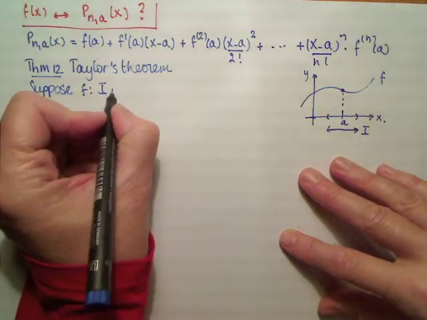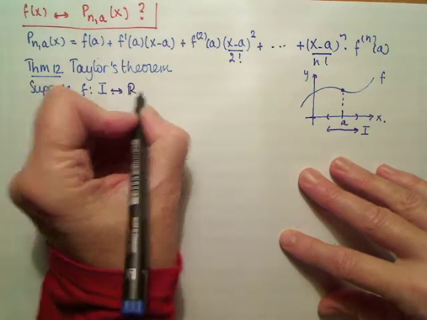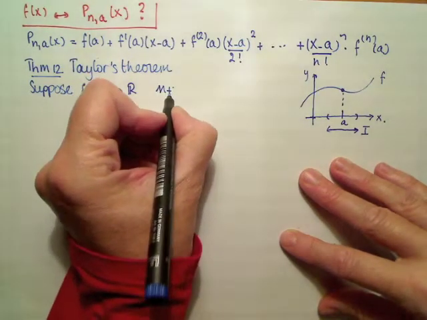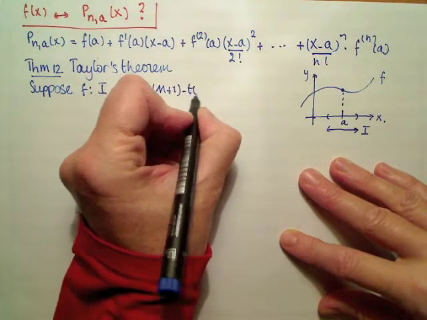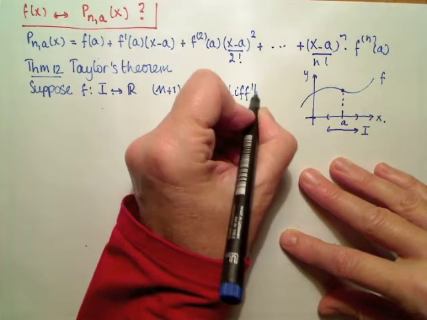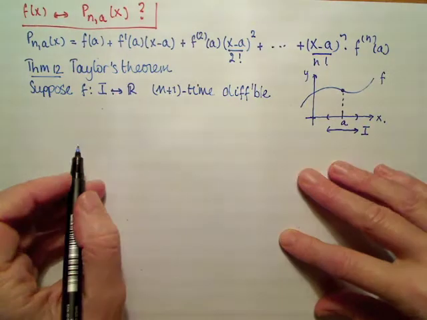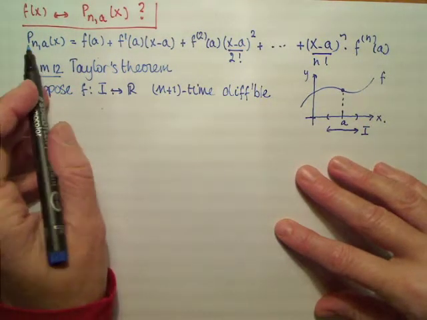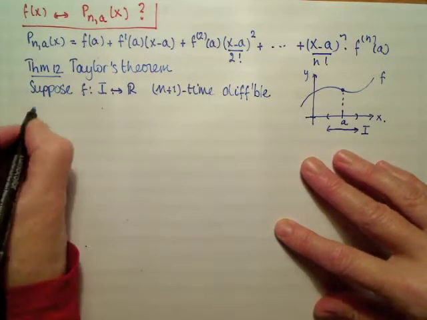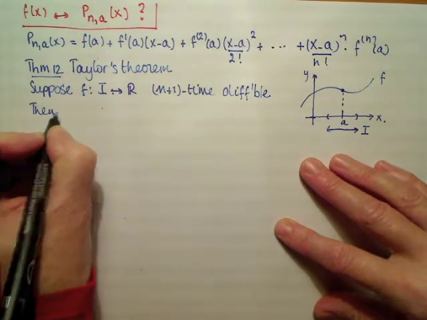We suppose that this function f is now not only n times differentiable, but n plus 1 times differentiable. Otherwise we cannot say anything about the difference between the nth order Taylor polynomial and the function. So what is the claim?